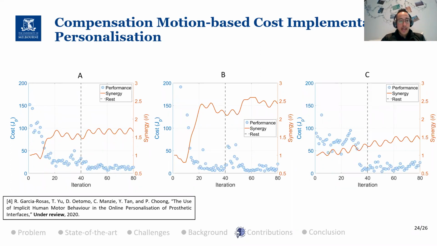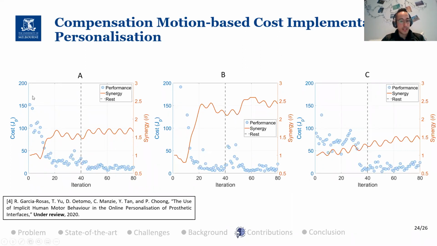These are 3 highlight people out of all the people that we ran this experiment with. A is your ideal human being, the high achiever who always does really well.